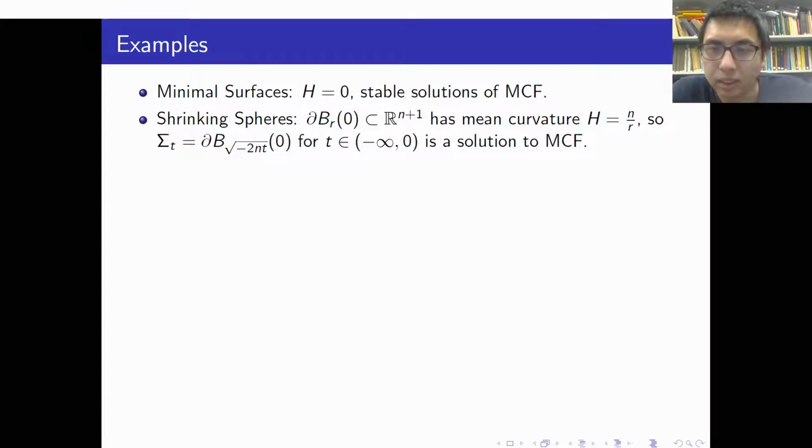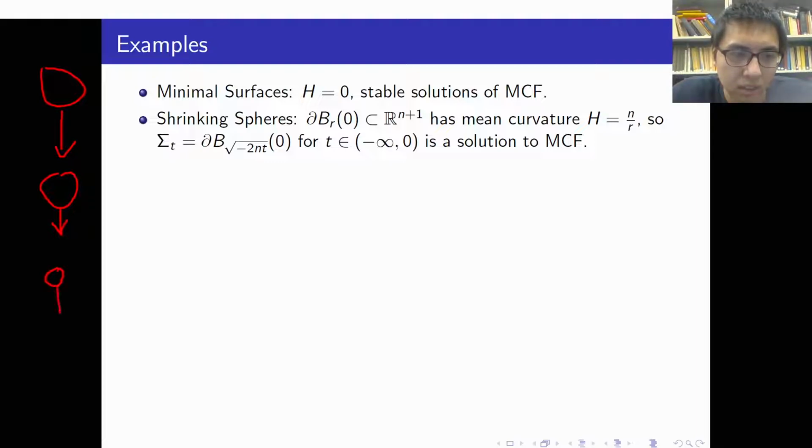The flow is called the shrinking sphere, so you can imagine the radius gets smaller and smaller as t gets larger, and eventually shrinks to a point. Okay, so that's the first non-trivial, moving example of a mean curvature flow.